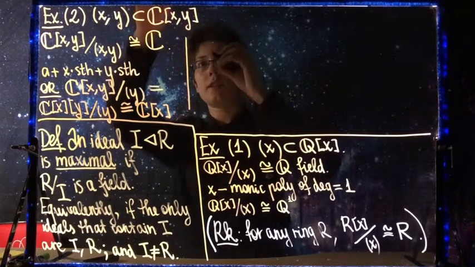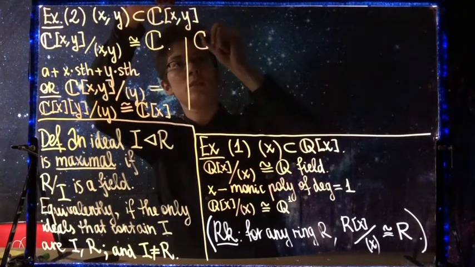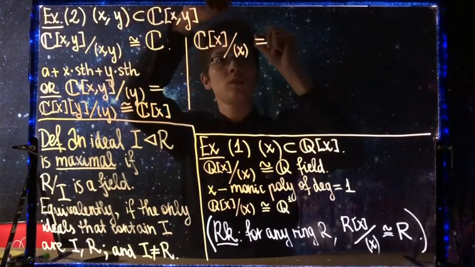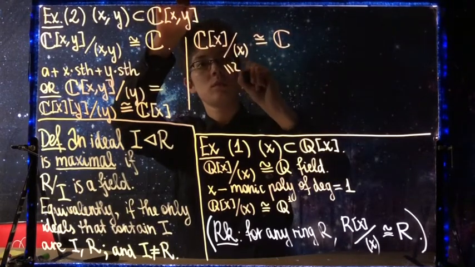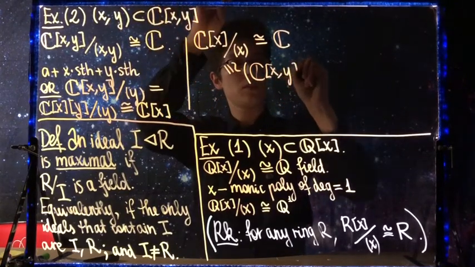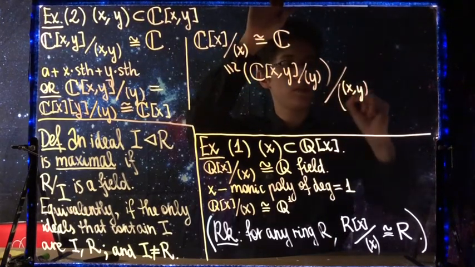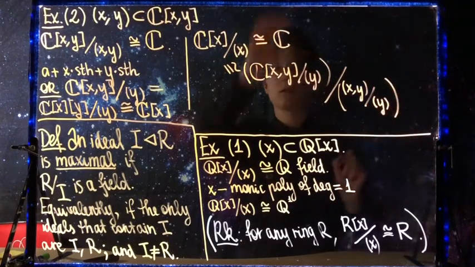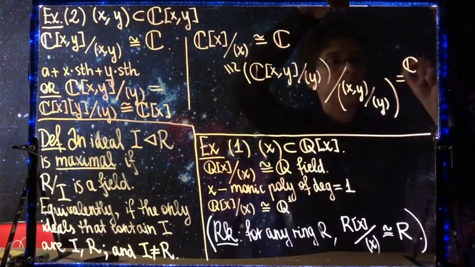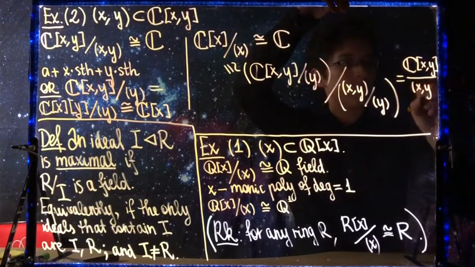And then we apply the third isomorphism theorem, and say that C[x] mod x, which is isomorphic to C, is isomorphic to C[x, y] mod y, mod (x, y) mod y, which is by the third isomorphism theorem, C[x, y] mod (x, y).